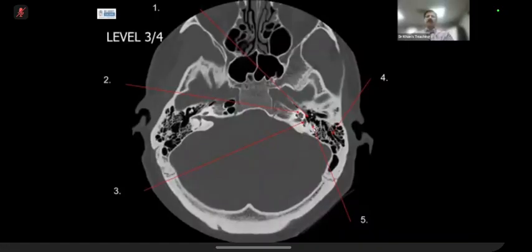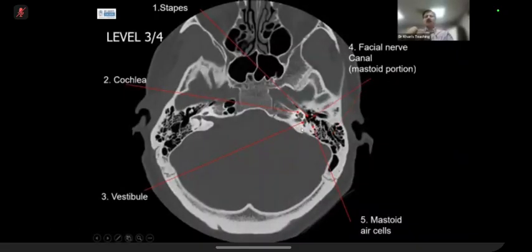Number five. Pyramid. Okay. Let's go through them. I think this is a bit harsh for the simple reason that I can understand the stapes is not projecting very well for you, and the arrow is slightly off. So it's a bit harsh. So I think I'll disregard that. The point was that the stapes is visible here. And this flower, of course, is the cochlea. This thing is the vestibule.